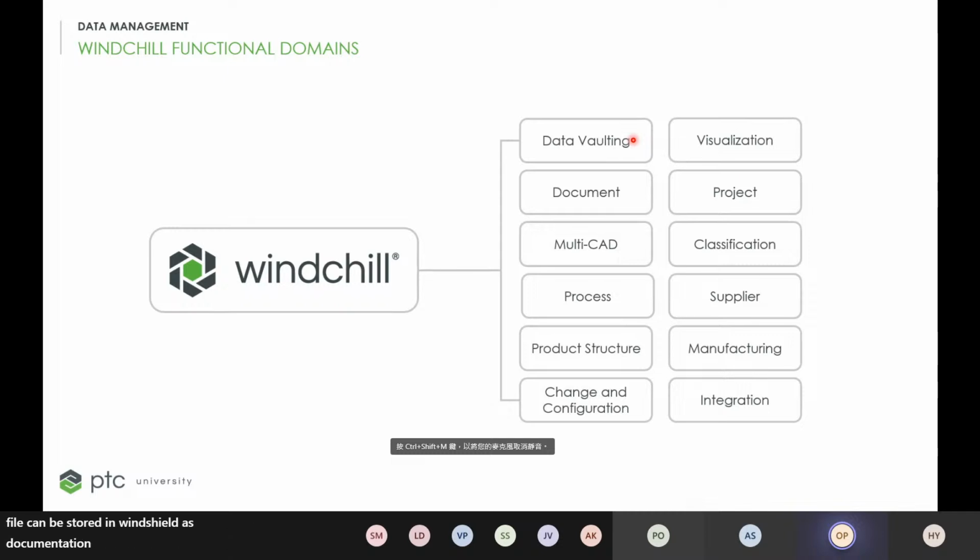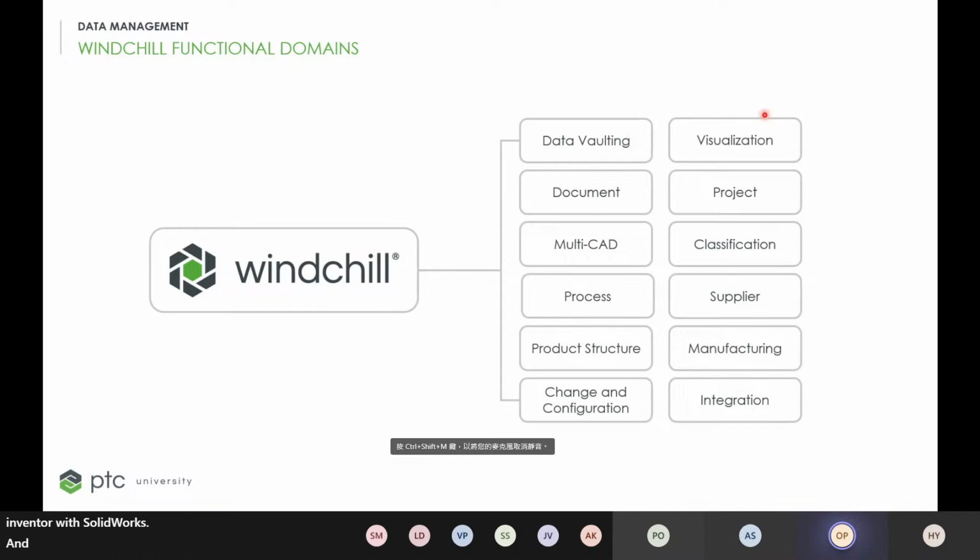Anything that helps describe the product. Multi-CAD. You are not limited to work only with Creo Parametric. You can link Windchill with Creo Parametric for sure, but also you are able to work with CAD developed with CATIA, with Inventor, with SolidWorks.